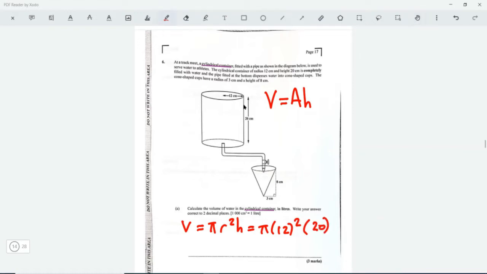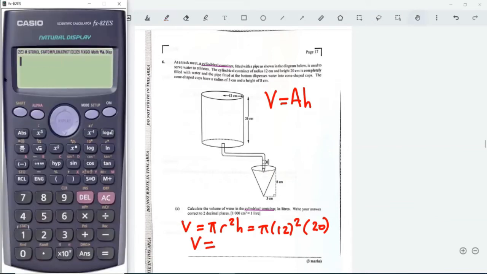And so the volume works out to be, we put that in our calculator. The calculator is giving us pi multiplied by 12 squared multiplied by 20. So the calculator shall give us 280 pi, but I want the exact number.